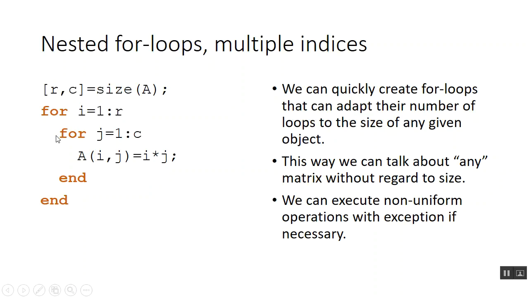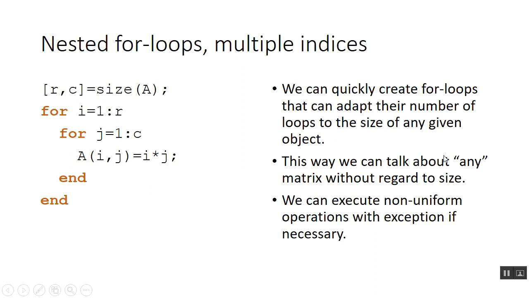And then inside of that, for each I, there's going to be a J. And J is going to look, starting at 1, going up to the number of columns, and then we're going to use I and J to fill this matrix with some values. So this way, if we use this kind of format, we don't have to know how big our matrix is.